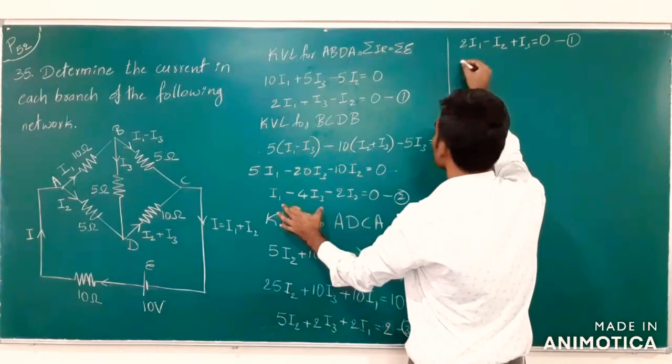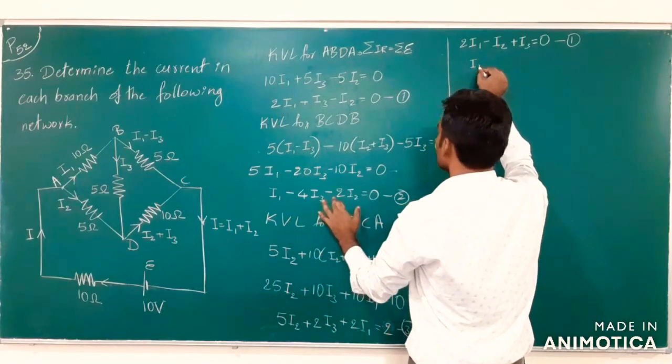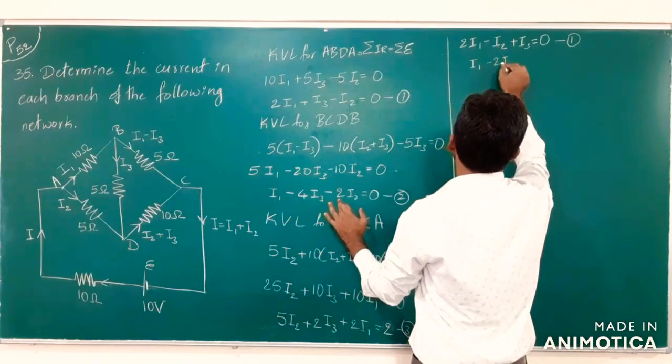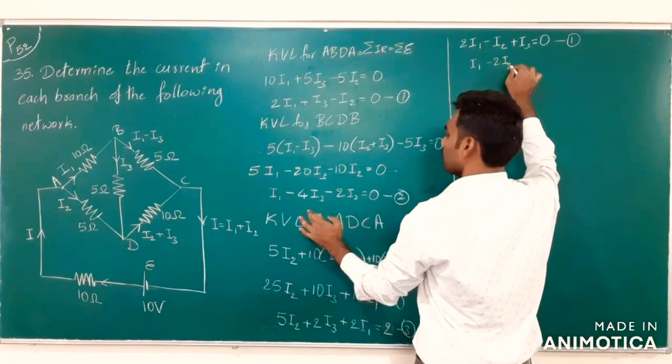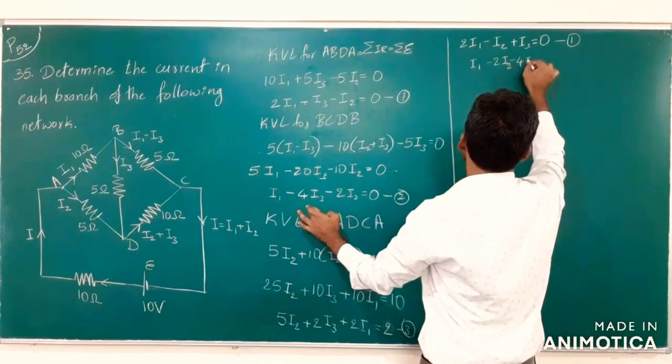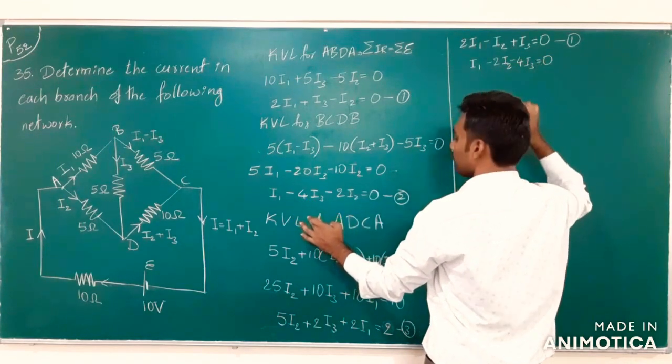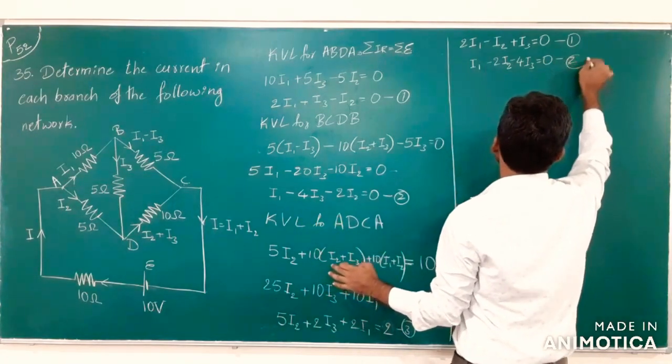Next equation, I1 minus 2I2 minus 4I3 is equal to 0. This is the second equation.